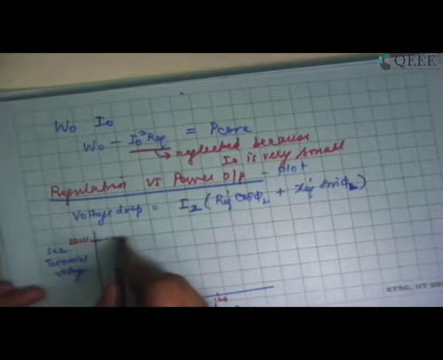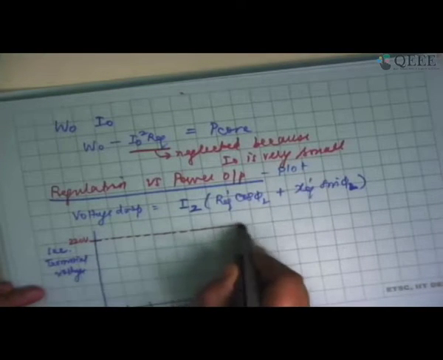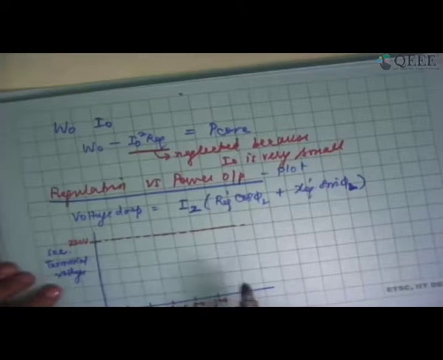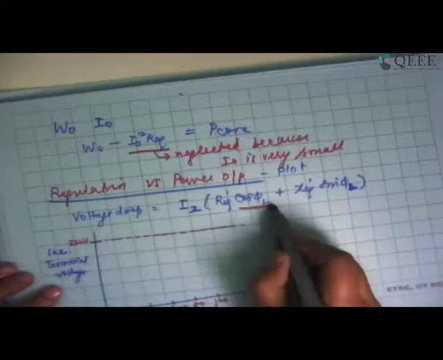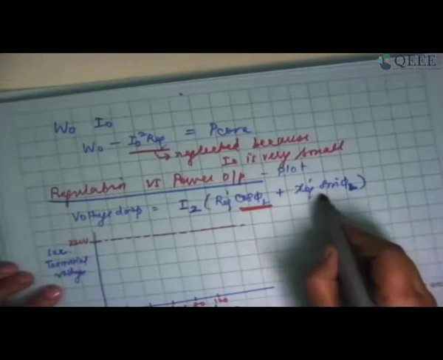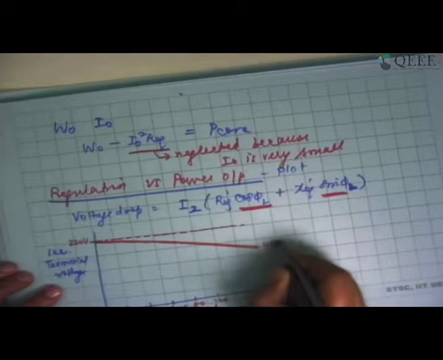Ideally, I would have liked the transformer to maintain this as the voltage, irrespective of the load. But definitely there is inherent resistance drop and inductance drop. So if I look at unity power factor load, cos phi L is 1, sin phi L is 0. So only R equivalent is going to contribute towards the drop. And that is always positive. So as I2 increases, I'm going to have more and more drop. So I should say probably I'm going to have something like this for unity power factor.